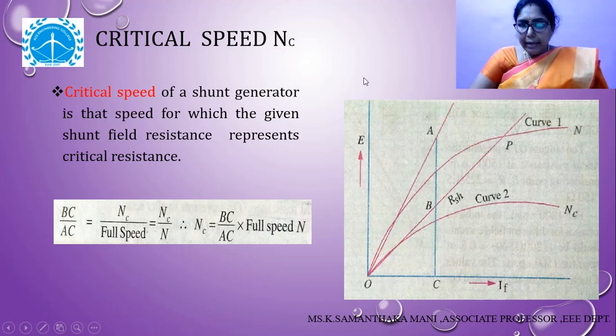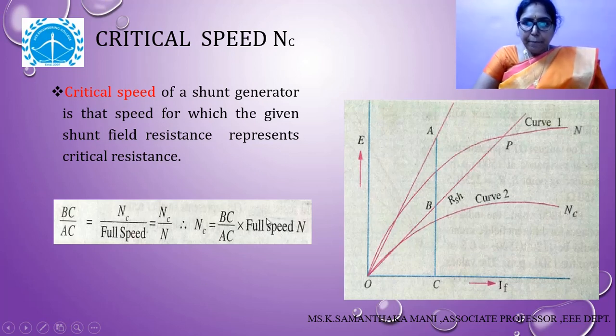For better understanding, I would like to explain with the help of this graph, with the x-axis as IF and the y-axis as E. There are two curves, curve 1 and curve 2. Curve 1 stands for speed N, and curve 2 is nothing but the critical speed. These can be calculated with the help of this formula.